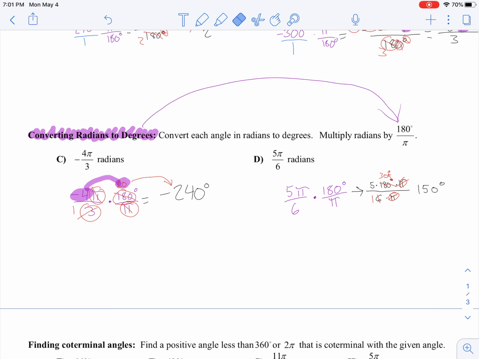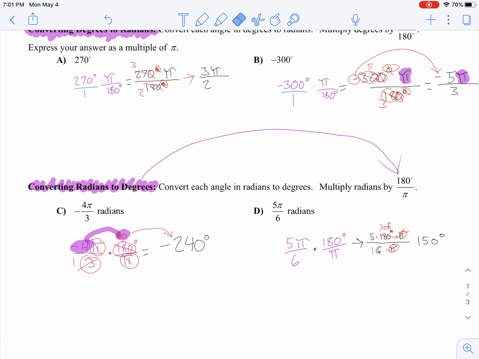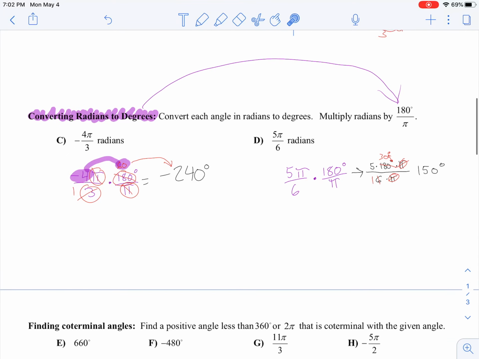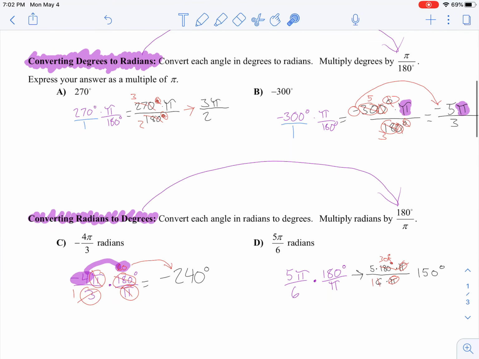So hopefully this helped explain how we are getting from degrees to radians and how we get from radians to degrees. We use pi over 180 degrees and multiply it with our degrees, or we take 180 degrees over pi and multiply that with our radians. So they're like interchangeable. They mean the same thing. They're just two different versions of the same thing. So hopefully that kind of helps you connect those dots.